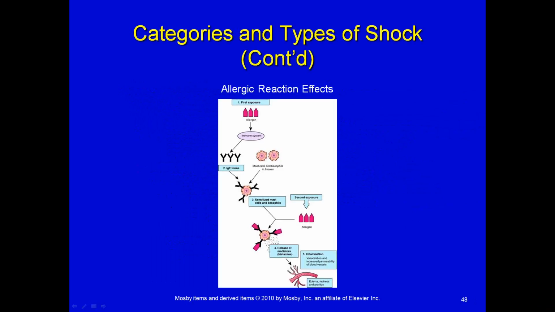When you're exposed to it again, that's where these mast cells, in response to exposure to the allergen, release large amounts of histamine, bradykinin, and there are 4 other chemicals that are released. And these cause inflammation, dilation of the vessels, which leads to the edema, the redness. The pruritus refers to the rash and itching that you may get with a simple allergic reaction.